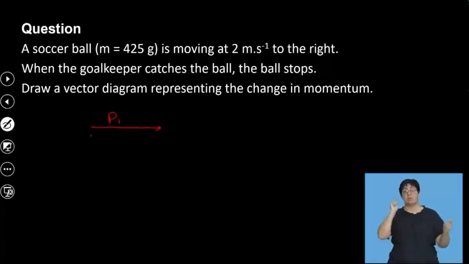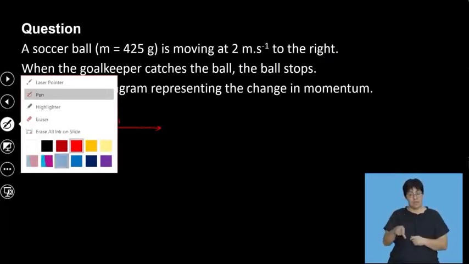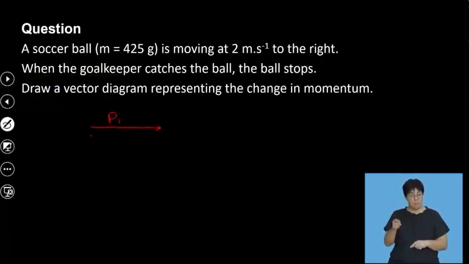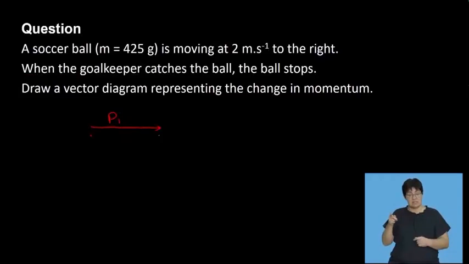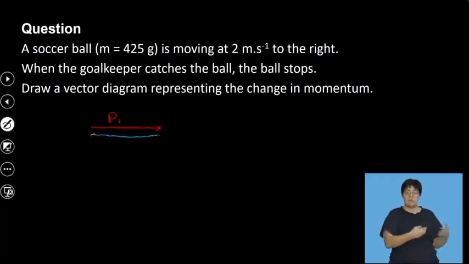Now, change in momentum has to go from the end of the first one to the end of the last one. It goes backwards. And in fact, the change in momentum would have been the same as the initial momentum. It's just in the opposite direction. So it goes backwards. The thing here is where it starts. That's the big thing. Okay? That one's not so bad.